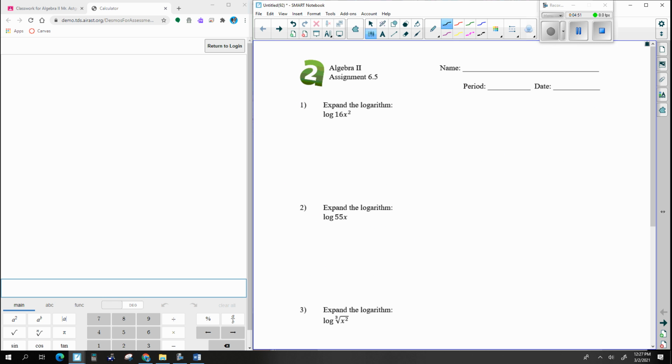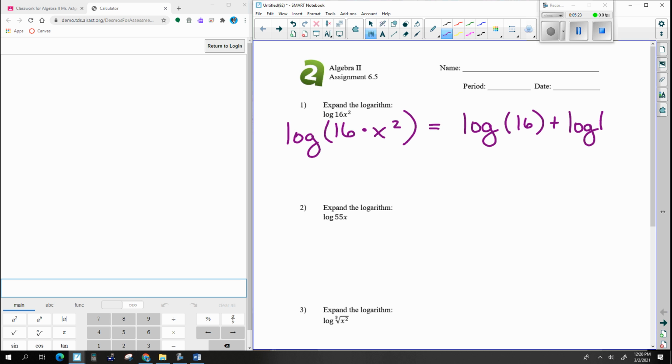Okay, so expand. Here we go. What I have is log of 16 times x squared. The first thing that I do is I look for any multiplications and divisions, and I turn those into pluses and minuses. So right now, I have the log of 16 plus the log of x squared.